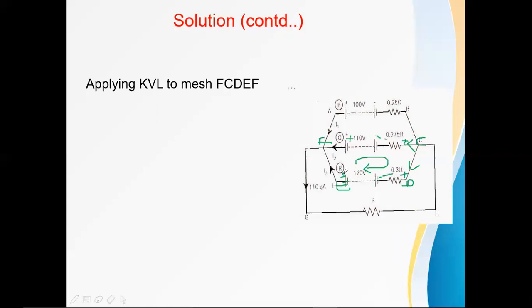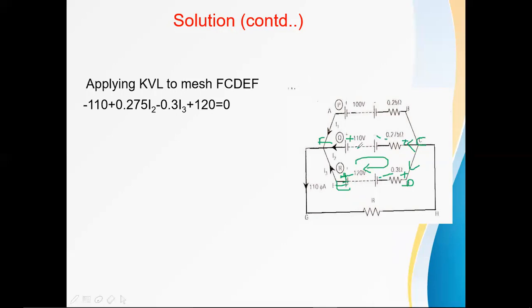Now your duty is to write the loop equation based on the direction of the loop. So I start from the independent branch. Let me move from here. I started from 110 volts itself.